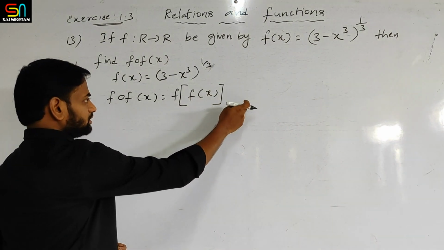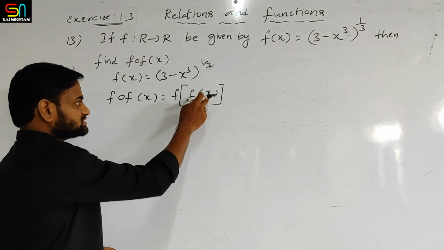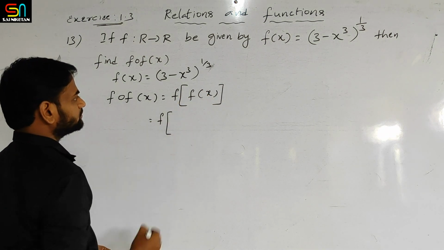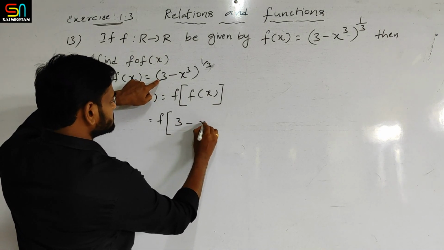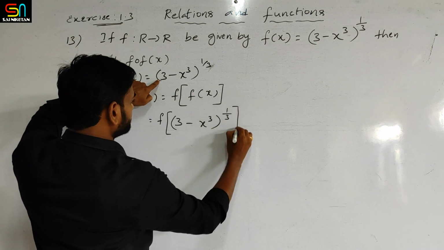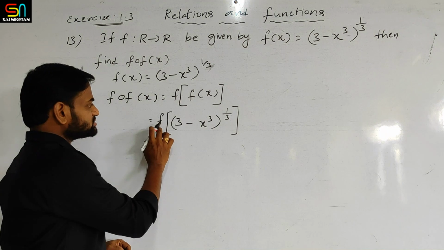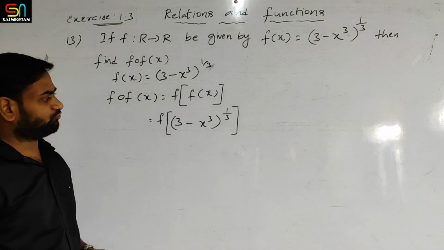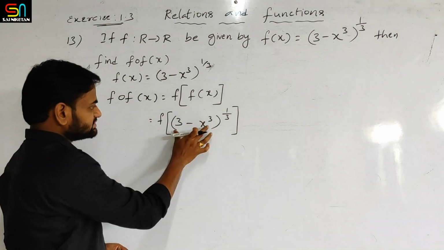Now, the function is f of x. Substitute here the f of x value. That is f of, what we have for f of x, (3 minus x cube) whole power 1 by 3. Listen carefully. Compare here: in place of x, this entire thing is there.